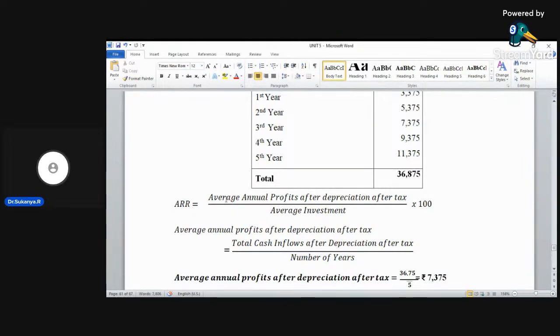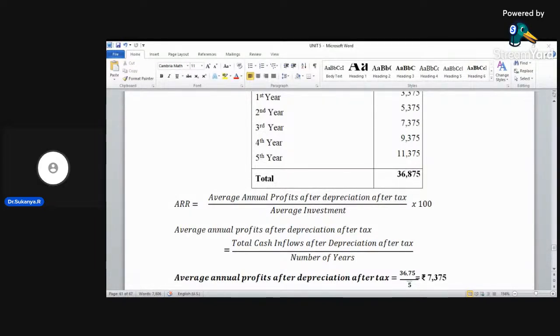ARR is equal to average annual profits after depreciation and after tax divided by average investment multiplied by 100. Dear students, I already told you that in this ARR method, you have to calculate separately for the numerator and separately for the denominator. Average annual profits after depreciation and after tax is nothing but the total cash inflows after depreciation and after tax divided by the number of years.